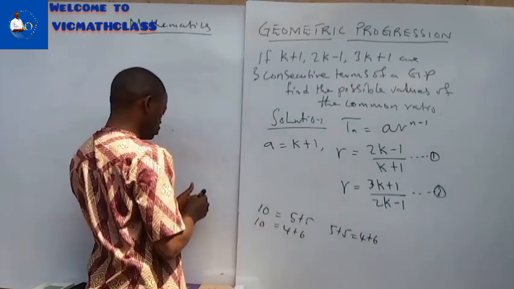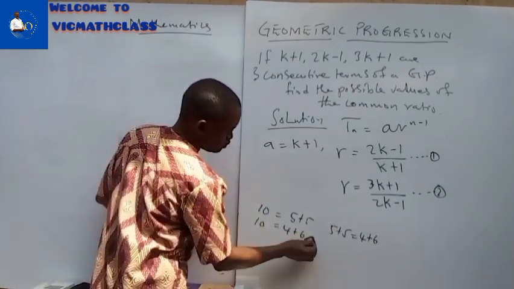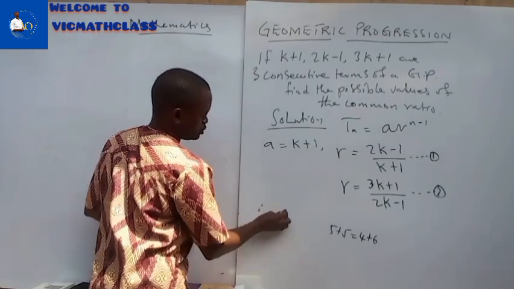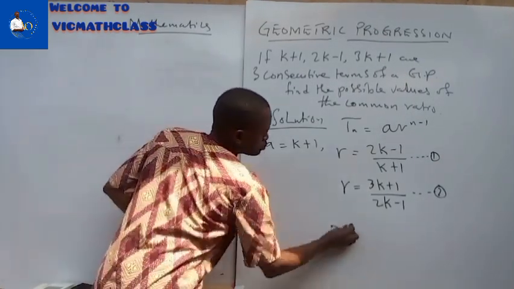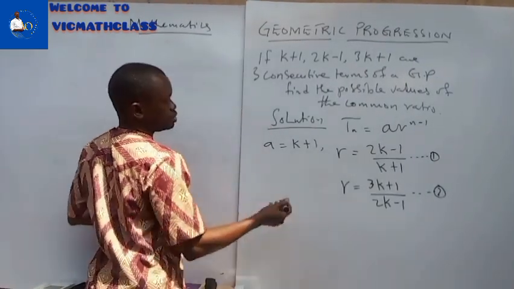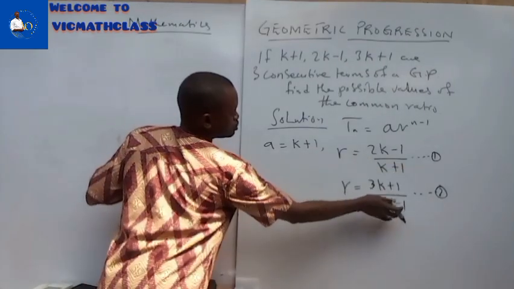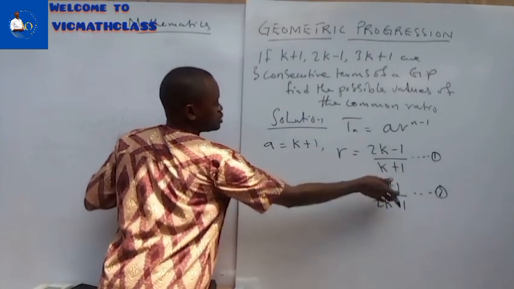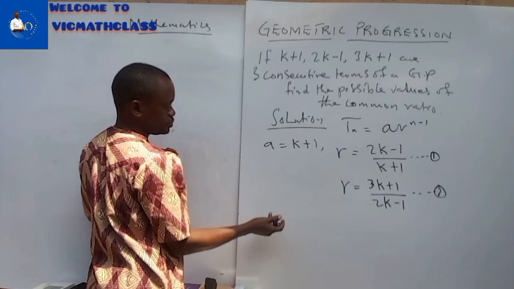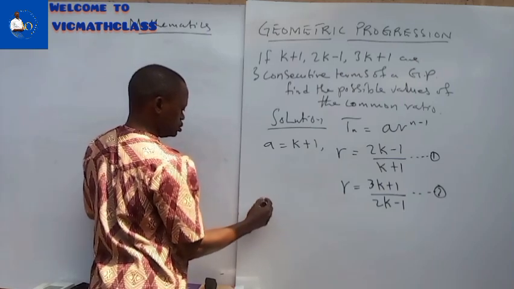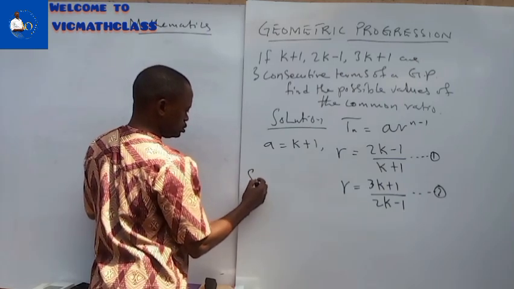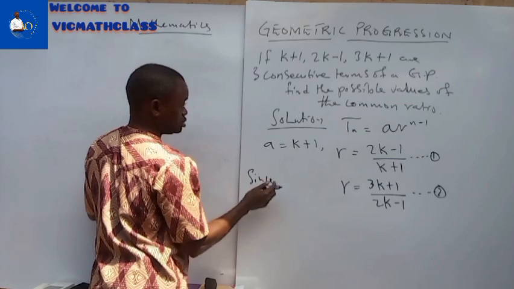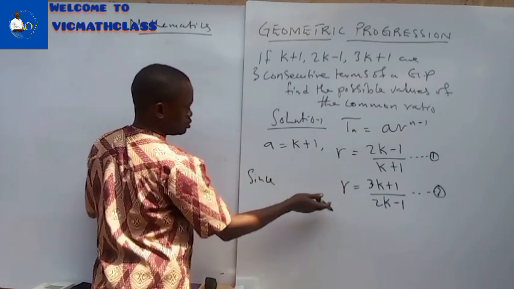There's no argument about it. So it's very logically correct to say so. You can see here, r is this and r is this. So it's logically correct to say this is equal to this.